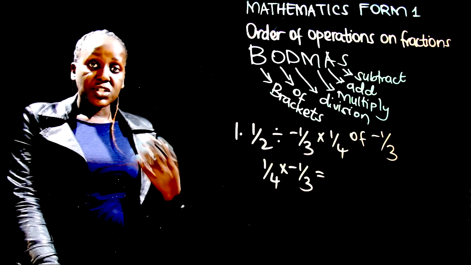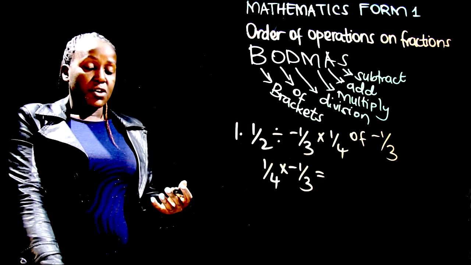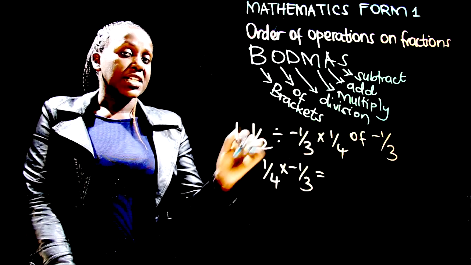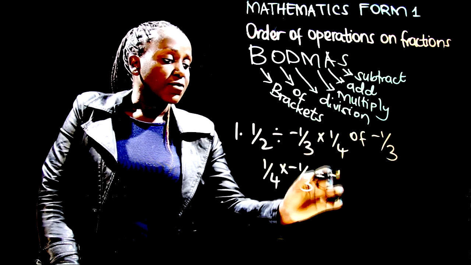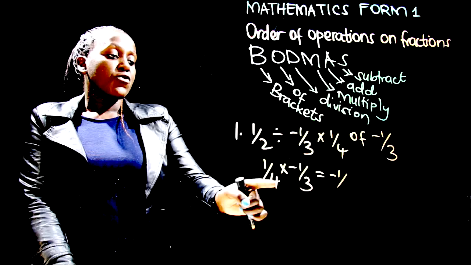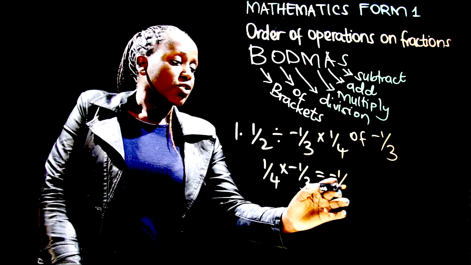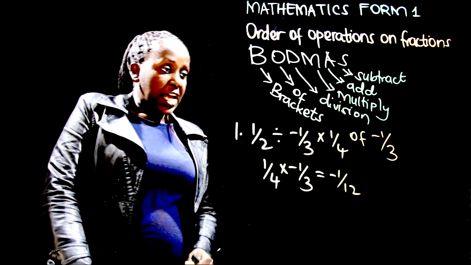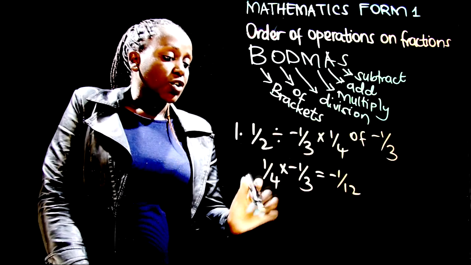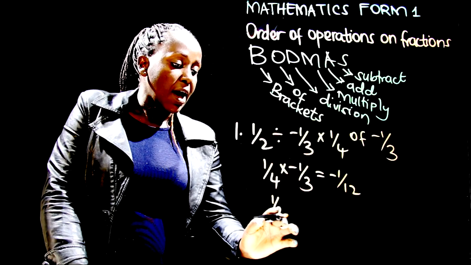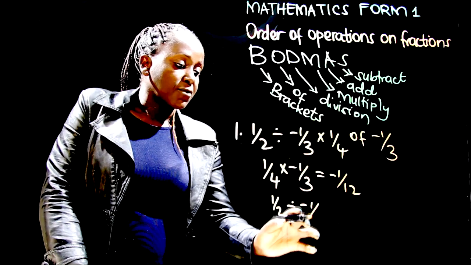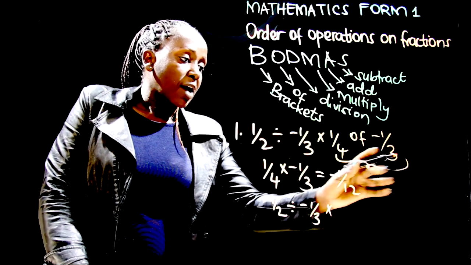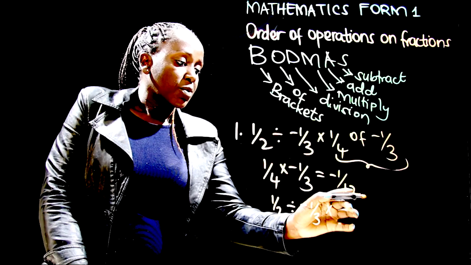Do you remember the rules of multiplying fractions? We say that you multiply the numerators first. So 1 times -1 is -1, and 4 times 3 is 12. So we get -1/12. Now if we rewrite our question, we will have a half divided by -1/3 times -1/12, since we have already worked out this section.